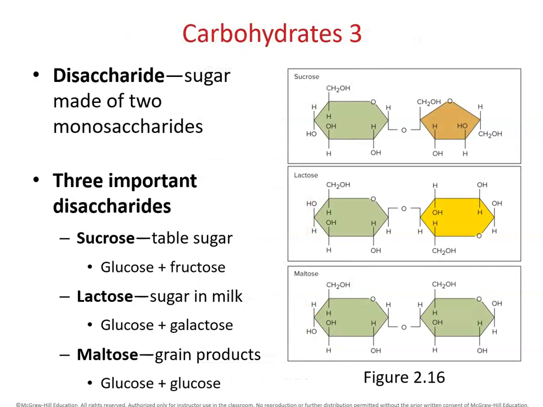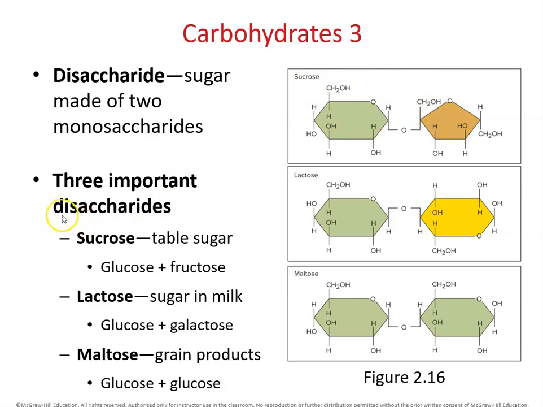Disaccharides are formed from two monomers. So sucrose, everybody is super familiar with. This is plain old white table sugar. Maybe you added it to your coffee this morning. And we're going to add together a glucose and a fructose. And when we put them together with this bond, remember this was a dehydration synthesis reaction that put these together, we have the disaccharide of sucrose.